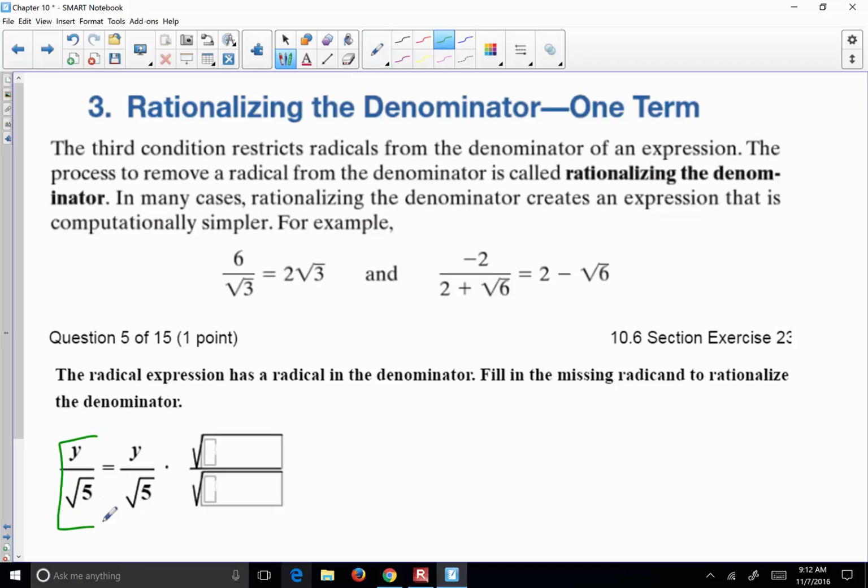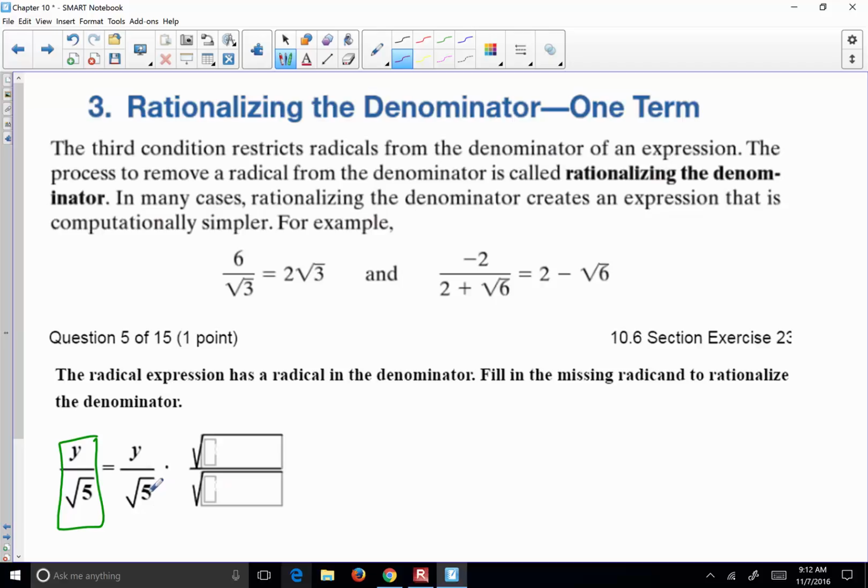You cannot leave your answer with a radical in the denominator. If you have a radical in the denominator, you must multiply both sides with the same radical index. But you need to arrange the terms inside the radical according to what you already have in the denominator.